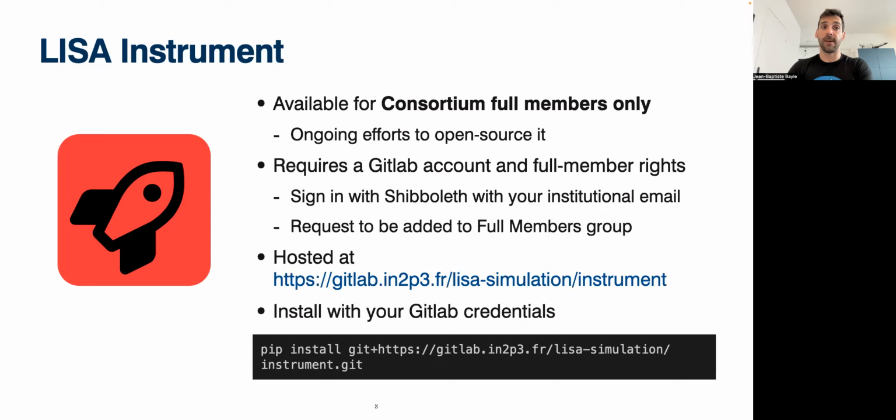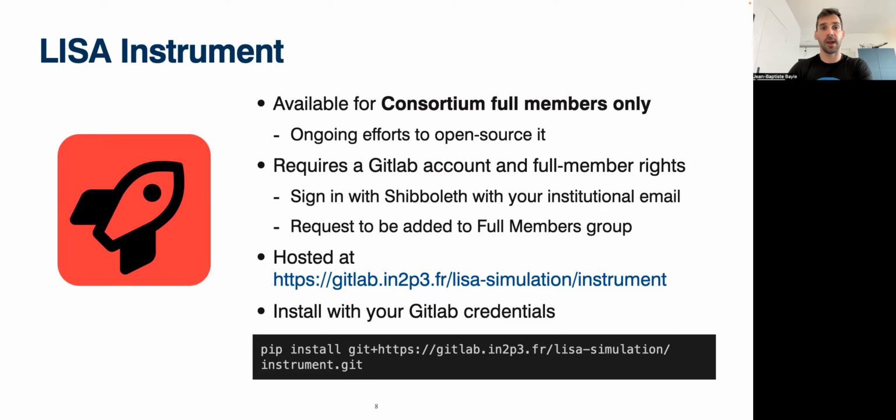LISA Instrument is available for the consortium full members only right now, but there are ongoing efforts to open source it. Currently it requires a GitLab account and full member rights. Usually what you do is you connect to gitlab.in2p3.fr and sign in with Shibboleth with your institutional email. Then you request to be added to the full members group.